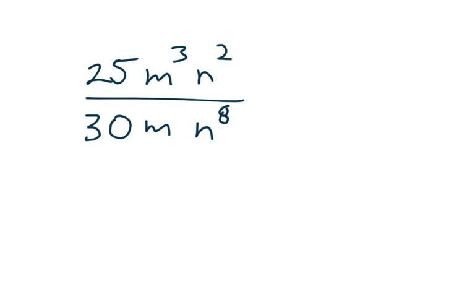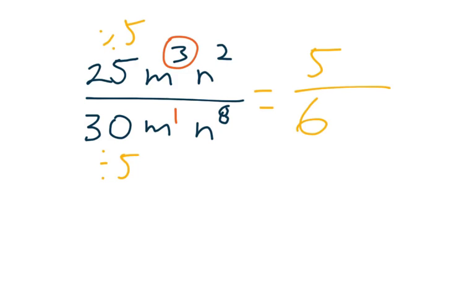So, here we go. Another division or fraction problem. How about we divide by 5? And we now know our fraction part is 5/6. And now notice the m^3, and don't forget that's an m^1, and 3 minus 1 is 2.